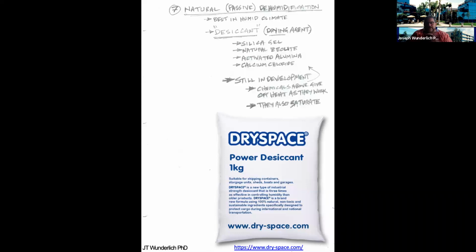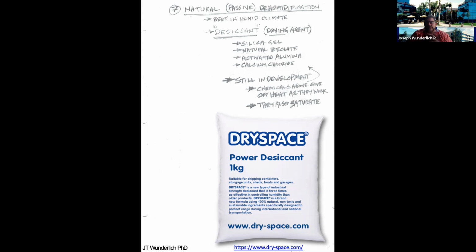And desiccant, so it's a drying agent: silica gel, natural zeolite. Not sure exactly what that is, but it's not an element, I don't believe. No, it's not. Activated alumina, calcium chloride. I'm just listening to the ingredients I think I found on the label.